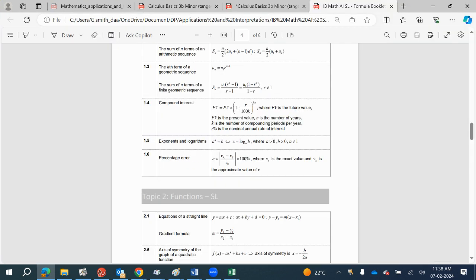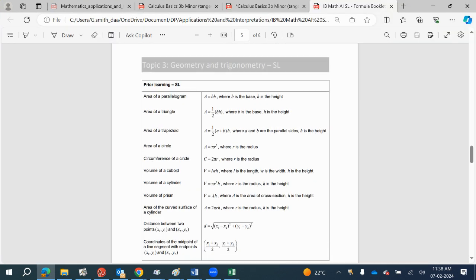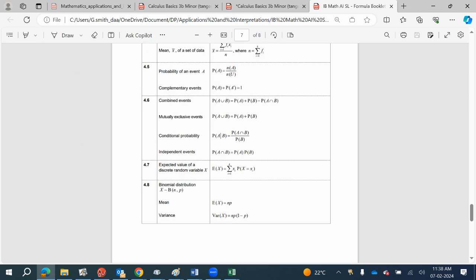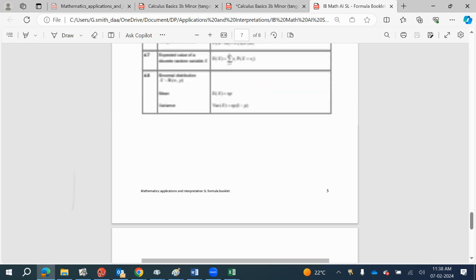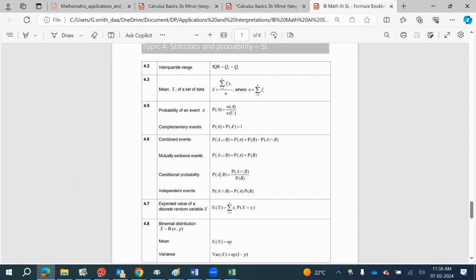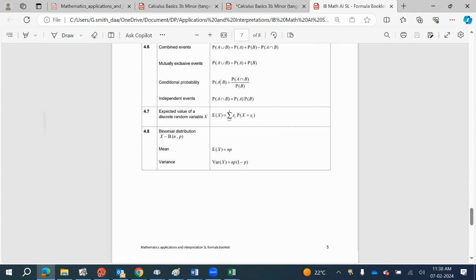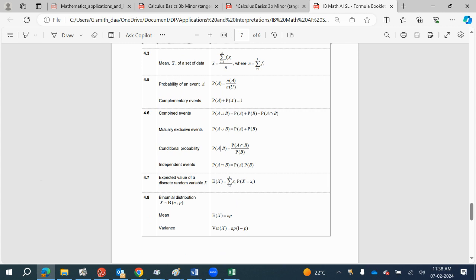We need to find conditional probability. Where is the formula? Page 9.